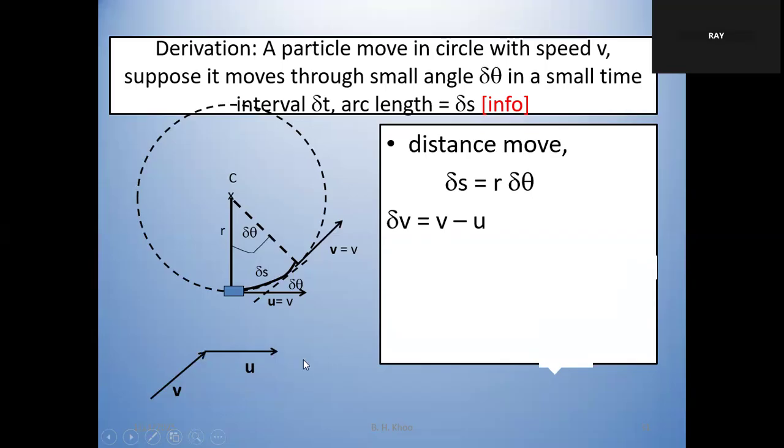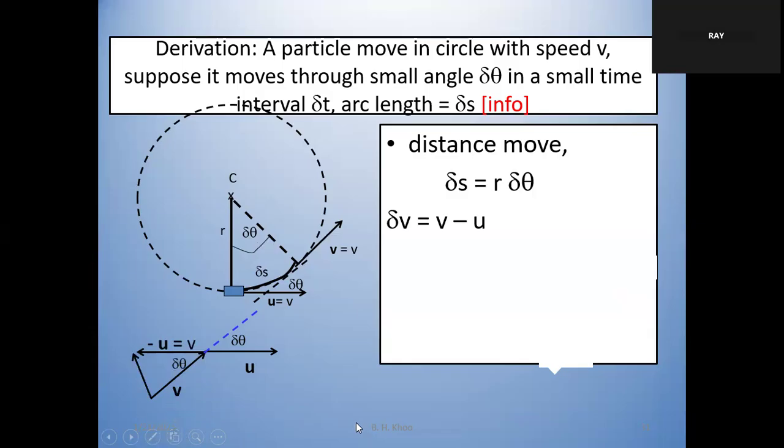It's plus u, but we want minus. Right? So that's our angle theta. Right? This is a quadrilateral. So this angle delta theta equals the angle delta theta. Okay. So here is minus u. Minus u is the other way around.